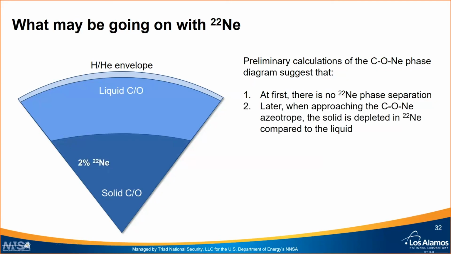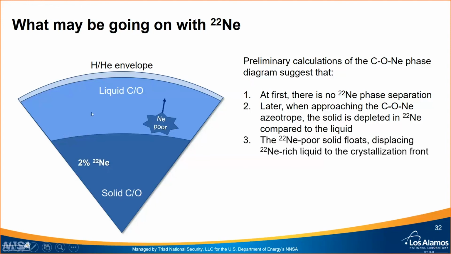But it's very different, because now the solids that are formed are neon poor compared to the liquid. So remember, with oxygen we had oxygen-rich solids. But now we have neon-poor solids, and this neon-poor solid will be lighter than the surrounding liquid, which means that it will float upwards in the white dwarf.